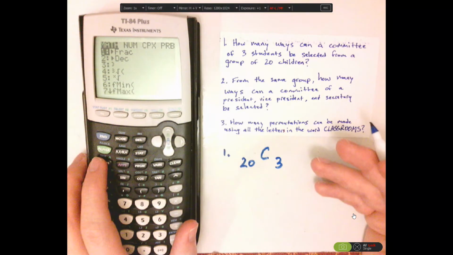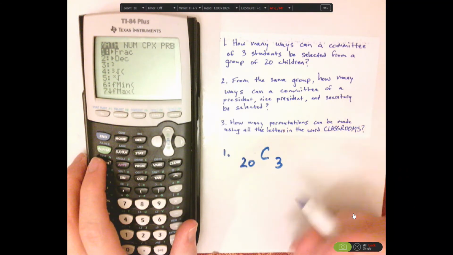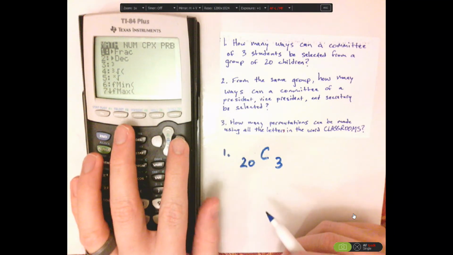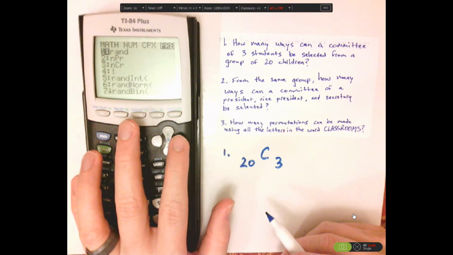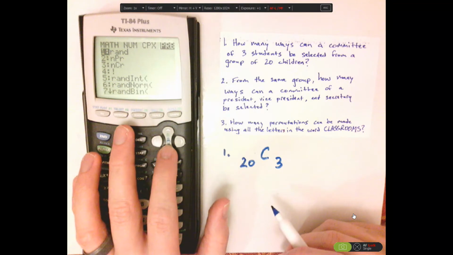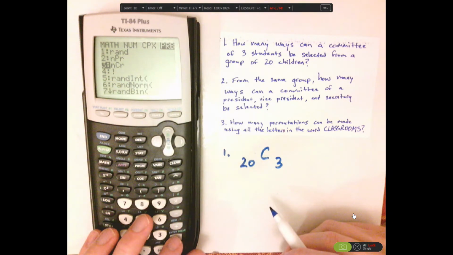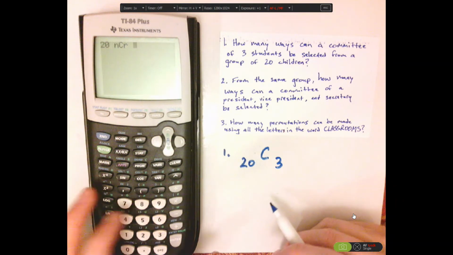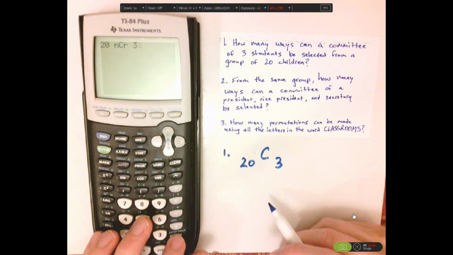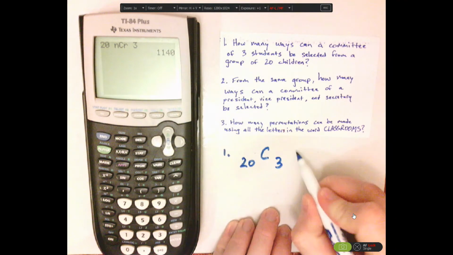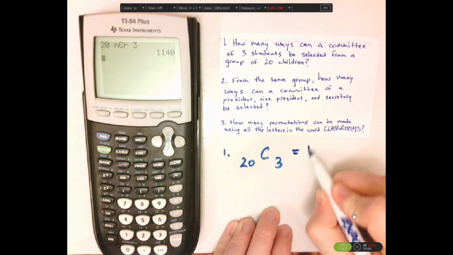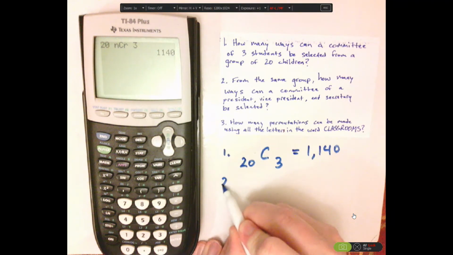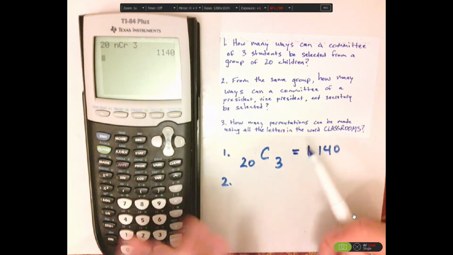Now these counting rules, permutations and combinations, are used with calculating probability, so you're going to find that under the probability tab. All right, so there's our nCr. And then 3. And so that gives us 1,140.